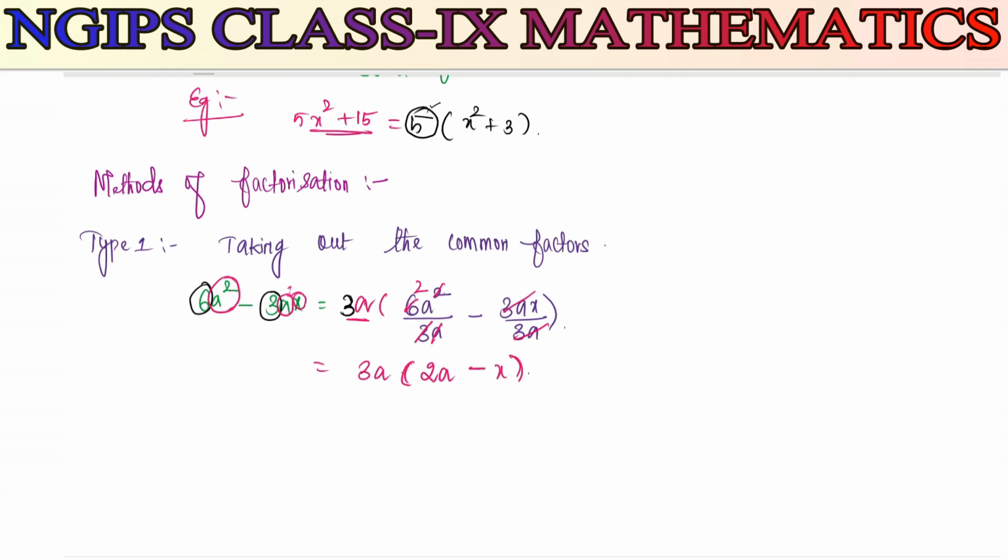Now we have to enclose the quotient in brackets, keeping the common factor outside. So here 3a is the common factor, I have kept outside of the bracket.